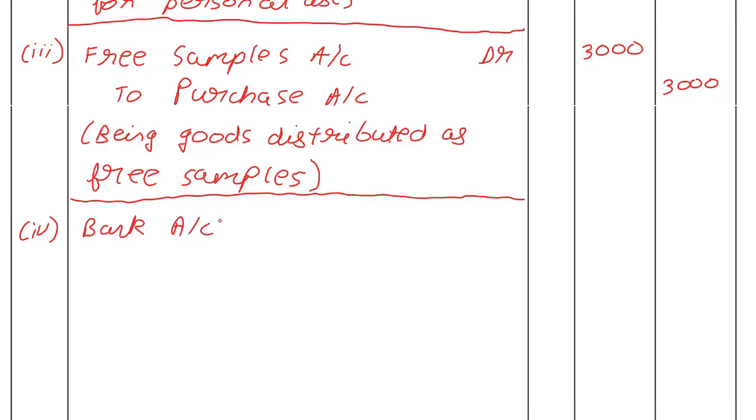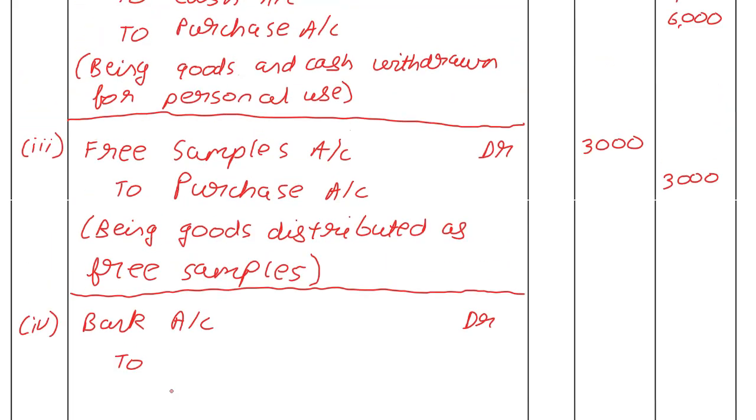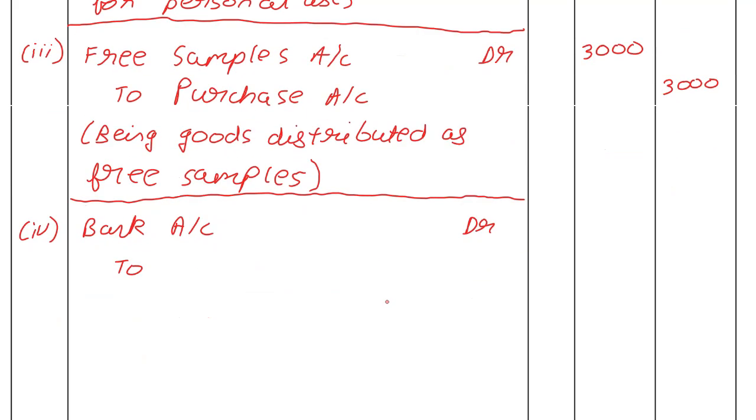So bank account debit to commission account, and then you can credit to prepaid commission.